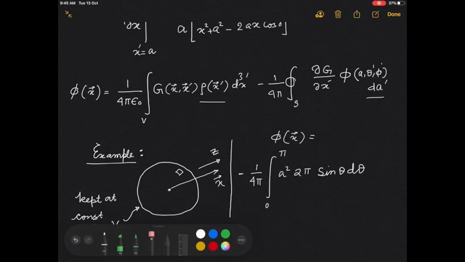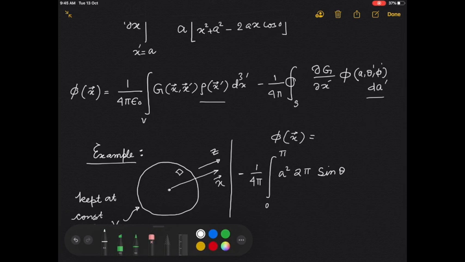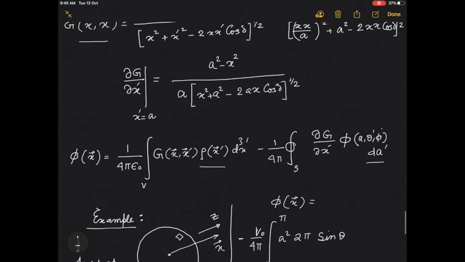So the only integral that remains is 0 to pi on theta. Better to write d theta later, because I have not written the integrand yet. What do I have for the integrand? Well, the potential is kept at constant V0 at the boundary, so that can go outside as V0.